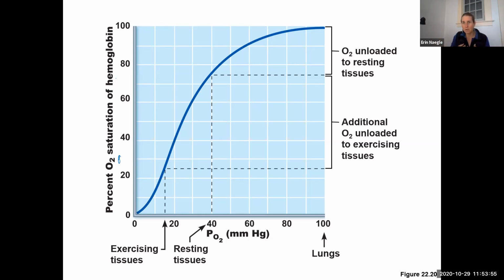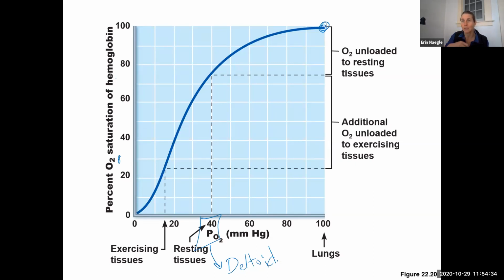Okay, so in your lung capillary beds, oxygen has diffused into the lungs and into those red blood cells. And so in your lungs, you have 100% saturation of hemoglobin in those red blood cells. But if we look at the partial pressure of oxygen in your resting tissues, imagine this is your deltoid that you are resting and not using, that deltoid is still producing ATP.